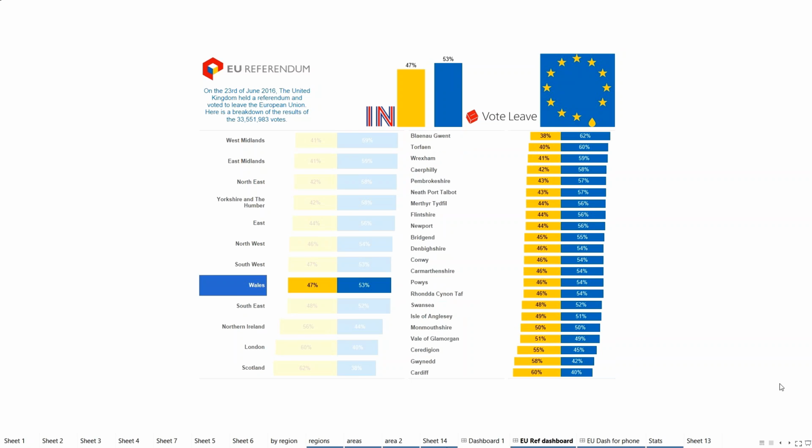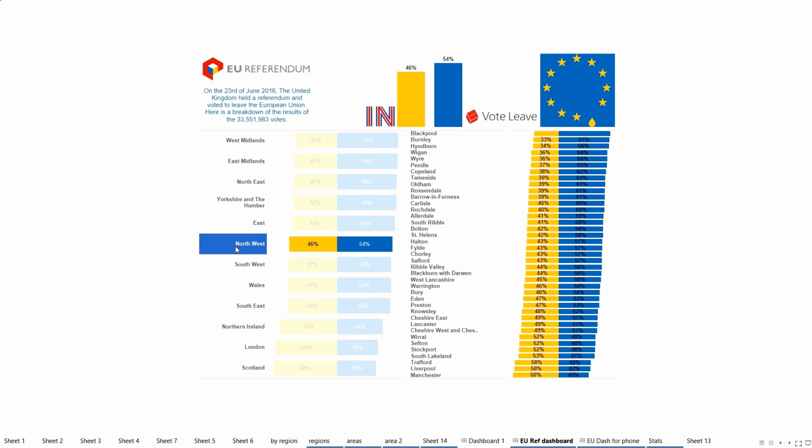Population-wise, how much is London comparative to one of the other regions in here? Just roughly off the top of the head. Is one of the other regions the same size as London population-wise? No, Birmingham was the biggest single voting region, but you can't compare because this is split up into different regions. London will be the biggest.